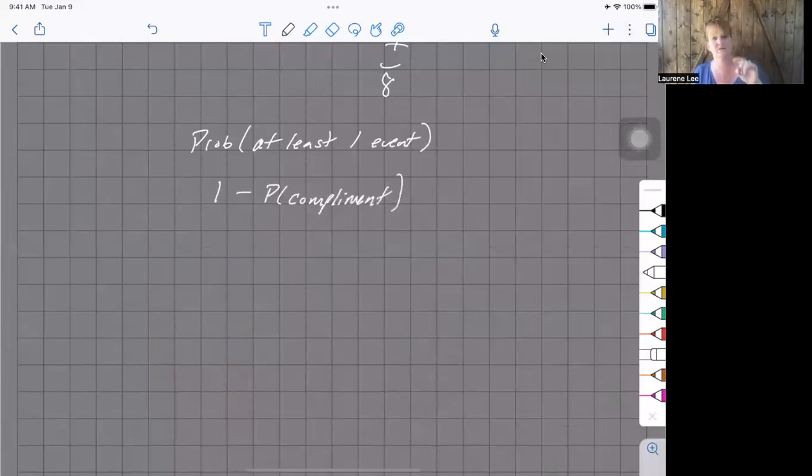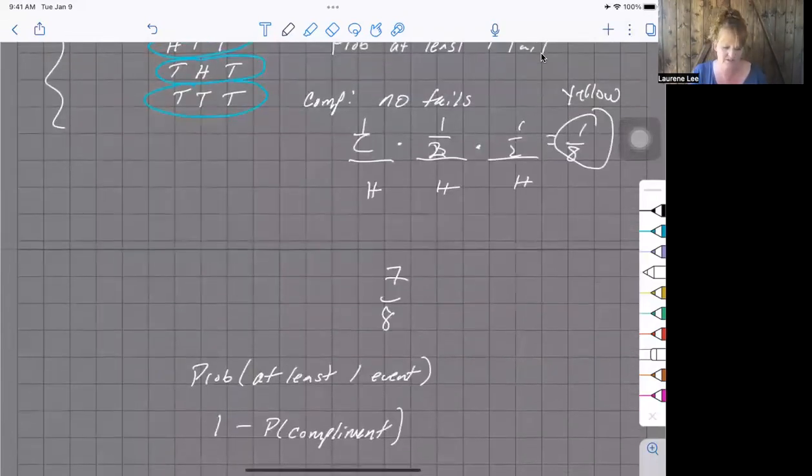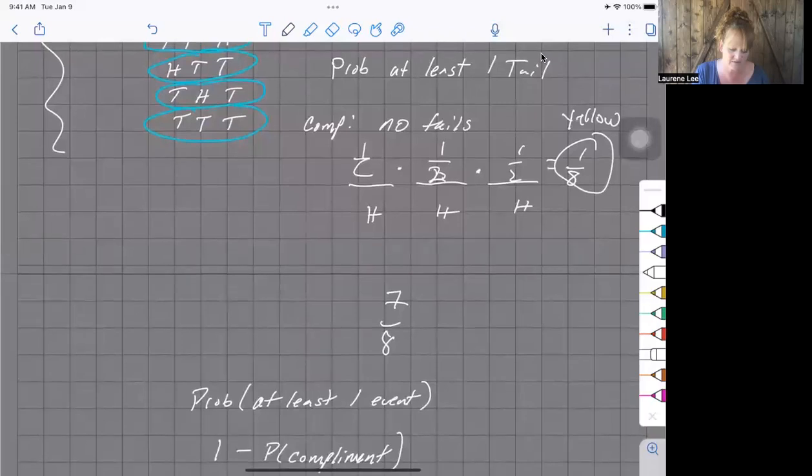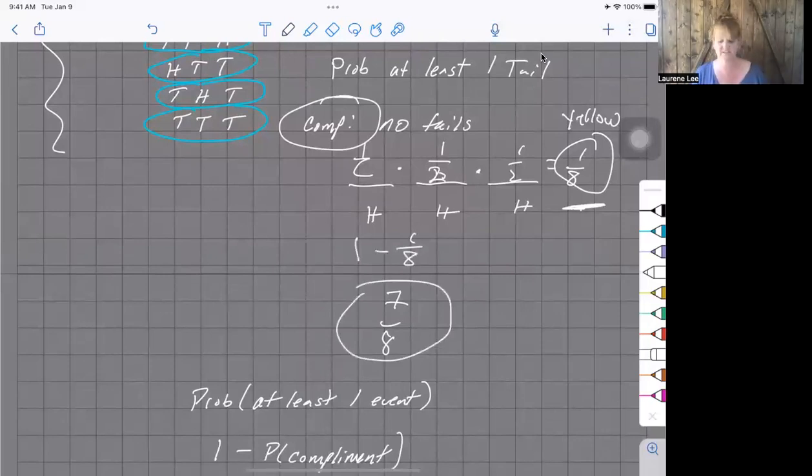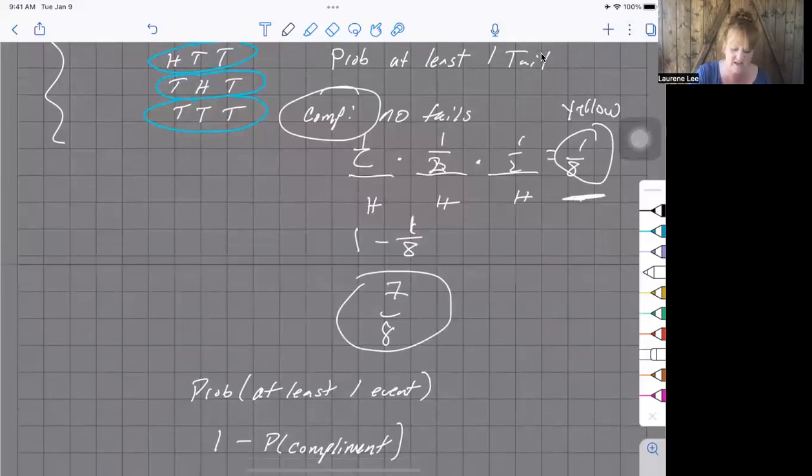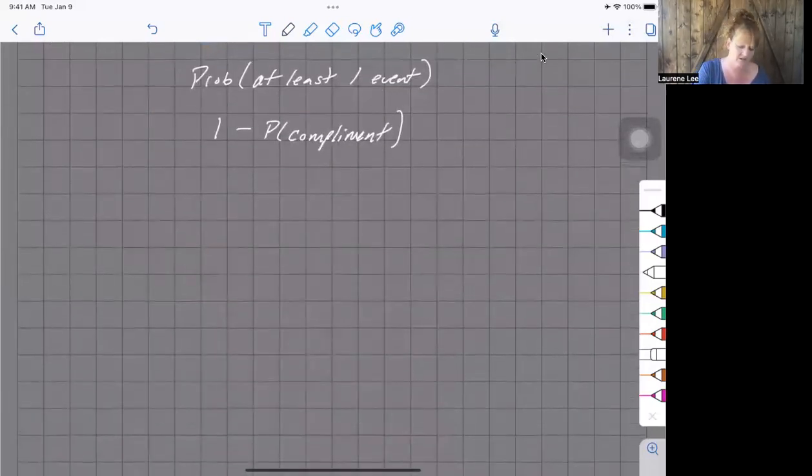Now, with that formula in mind, let's look back at what we did and talk about it. What did we do? We took the complement here, which was 1/8, and then we took 1 whole minus 1/8, and that's how we came up with 7/8. Now we did that subtraction in our head because this is a rather easy problem, but that's the idea. Okay. So this is going to be your formula for this section.